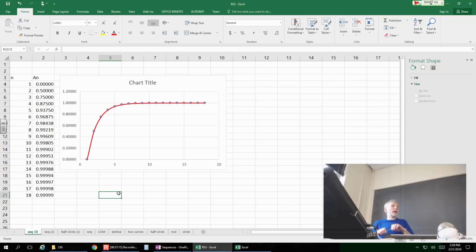If you want to actually plot time, how do I introduce time into this situation? I take my speed, and then I look at the distance that I have covered, and I simply divide the distance by the speed, and that will give me the time it has taken me to cover that distance.